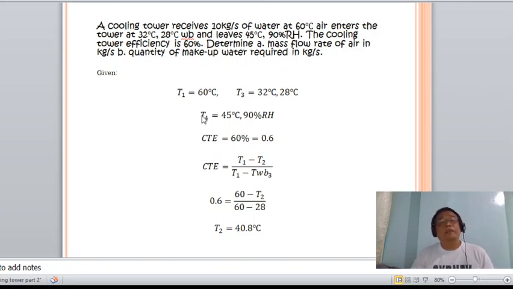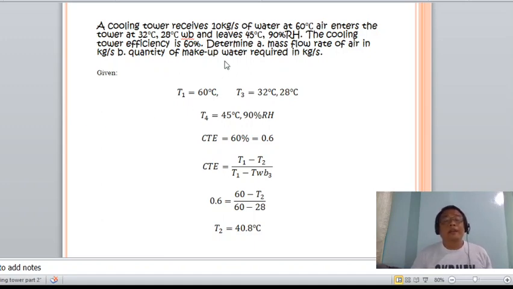So again, given: the initial water temperature is 60, the air entering is 32 degrees dry bulb and 28 degrees wet bulb, the exit is 45 degrees Celsius and 90% relative humidity, and the cooling tower efficiency is 60%.